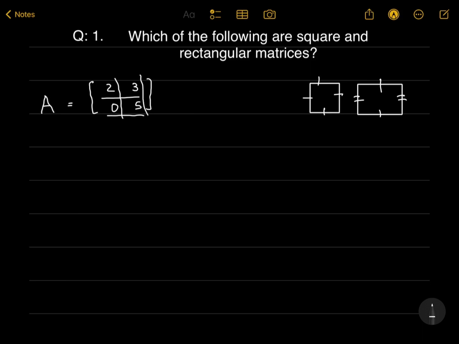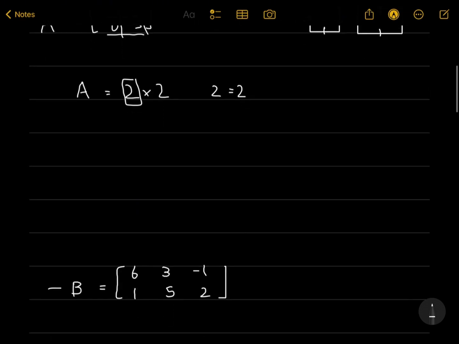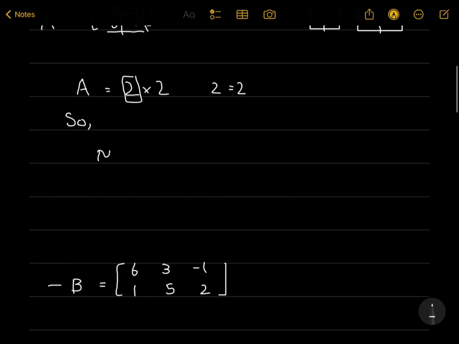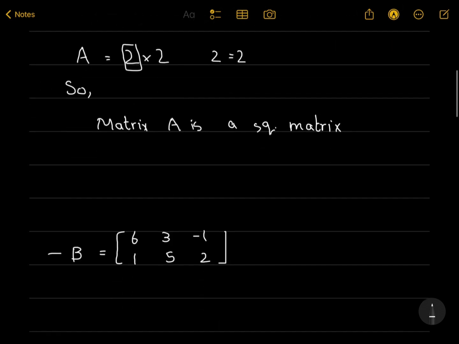So the order of this matrix is 2 into 2. So 2 is equal to 2, isn't it? So this means this is a square matrix. So matrix A is a square matrix.